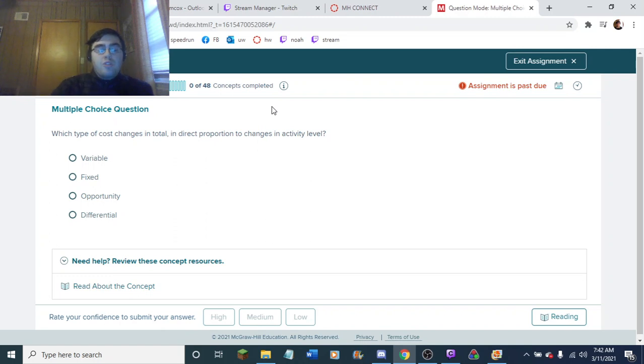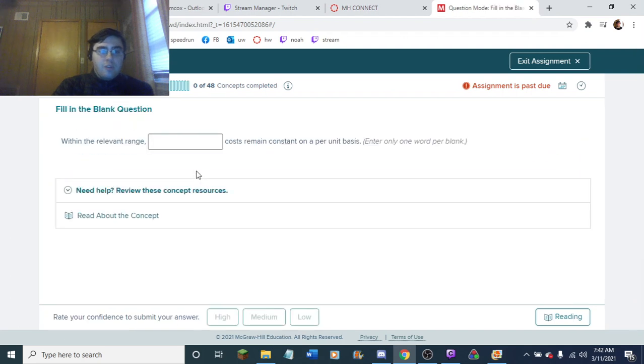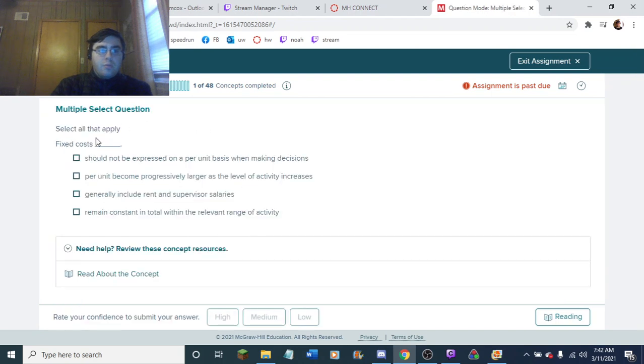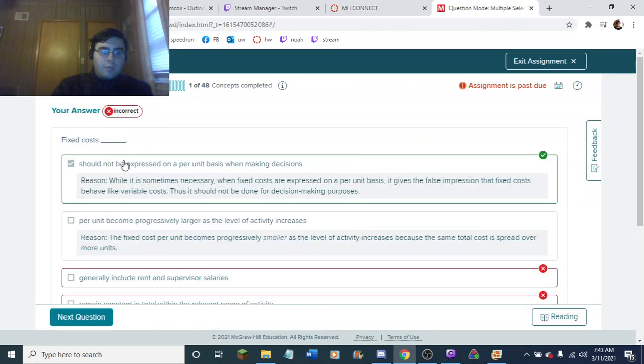Which one changes in total in direct proportion to changes in activity level? Variable. The key to most managerial decisions is understanding... True? Yeah. Fixed costs. I don't know.